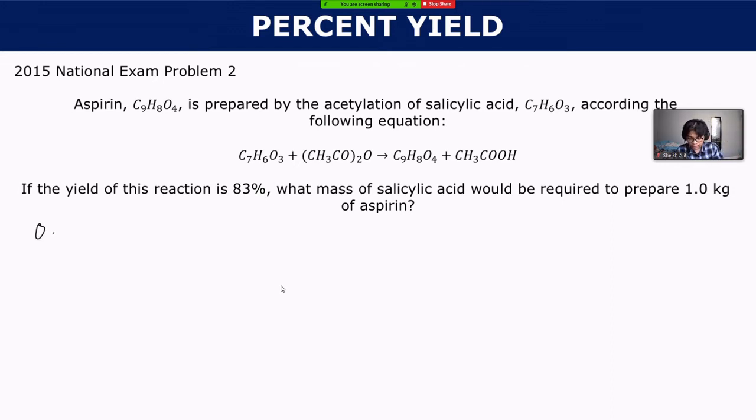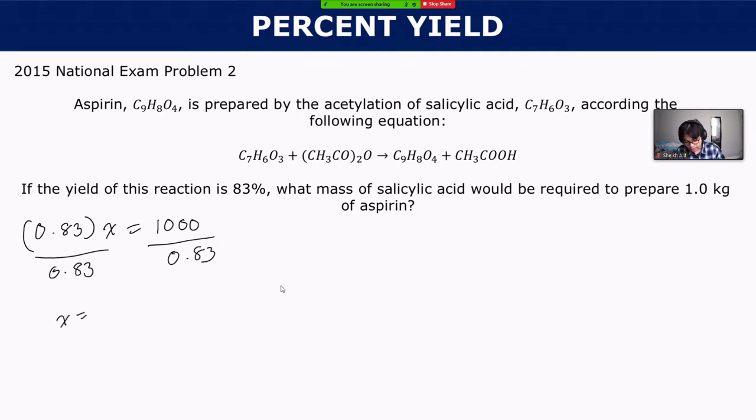So if 0.83 of the original amount is left, and apparently that creates a kilogram, which is 1,000 grams, how much was the original mass that was used in the reaction? And we can find that out by simply dividing.